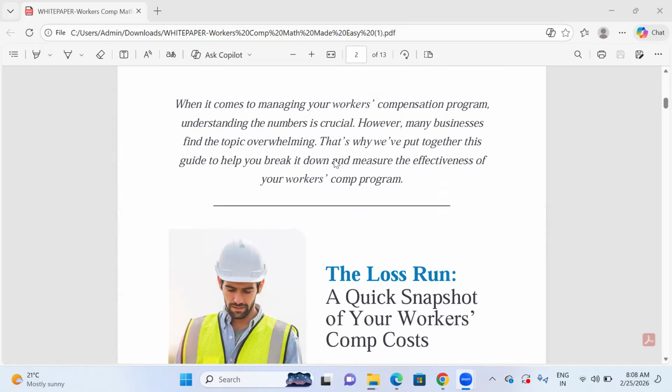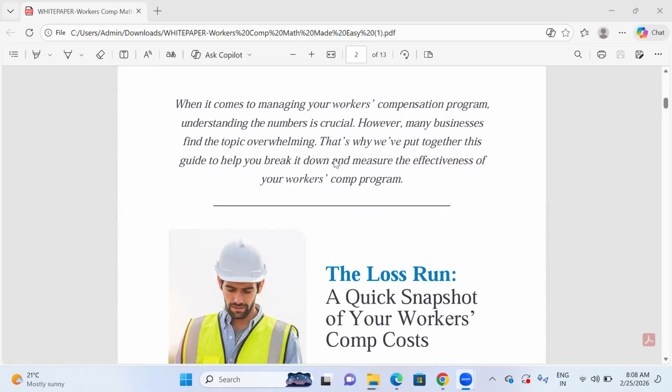what exactly this workers' compensation program is, and why it is crucial, especially for working people. Whatever businesses we run, to manage them you require employees, workers to manage the day-to-day activities at the industry level.